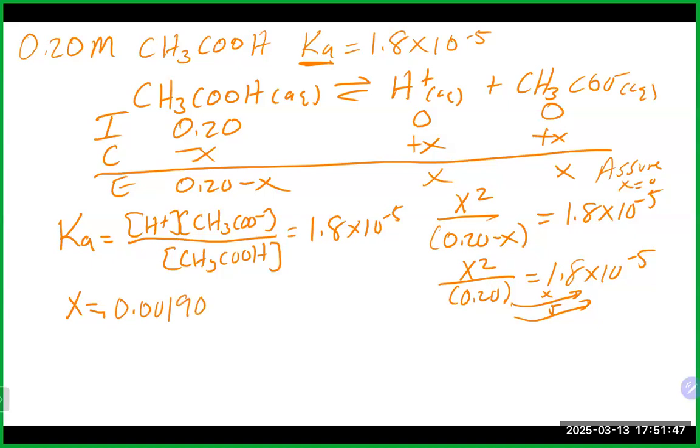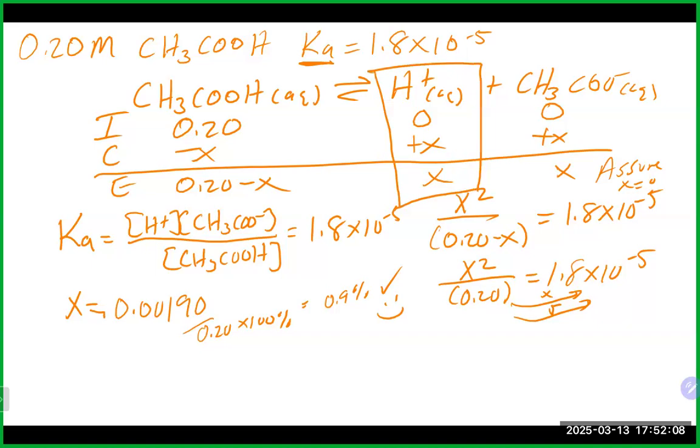We should always check it. So we take that, divide it by the 0.2, and multiply by 100%. And we'll see how we did. Hopefully good. I think we're good here. That's about 0.9%, which means the check is good in this case. So just like before, this x equals our H plus concentration. That means this really is our H plus concentration.